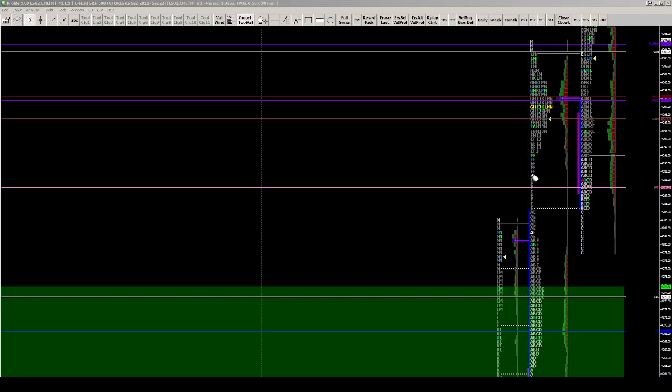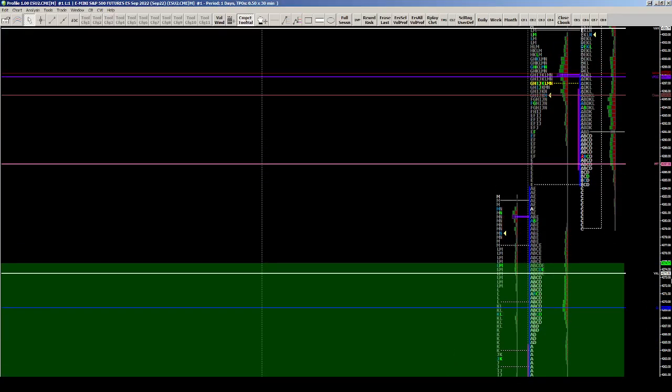Each letter represents time. You have these single prints in E period where it broke out of the initial balance, and also the day before's prior high here. It took off out of there, and we had another distribution down here. So this was a double distribution day on Monday. The drawings don't go with the chart, so I just want to point that out.